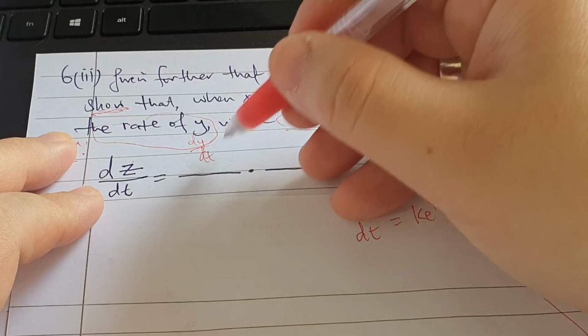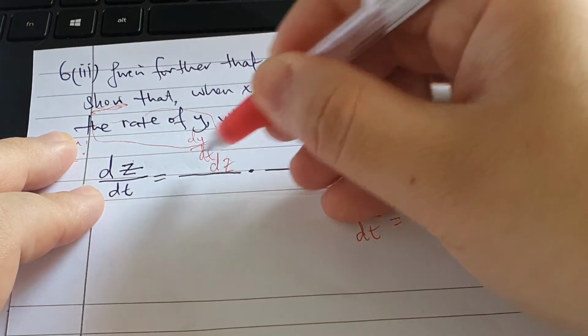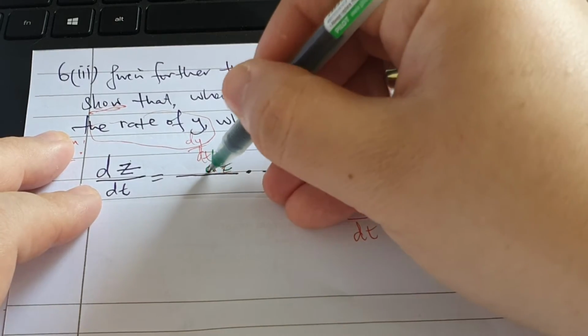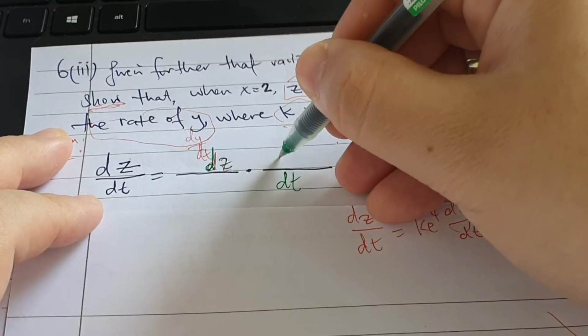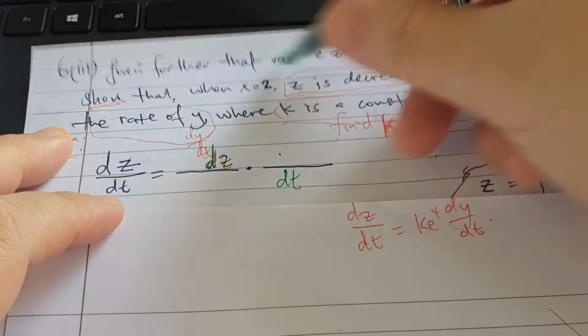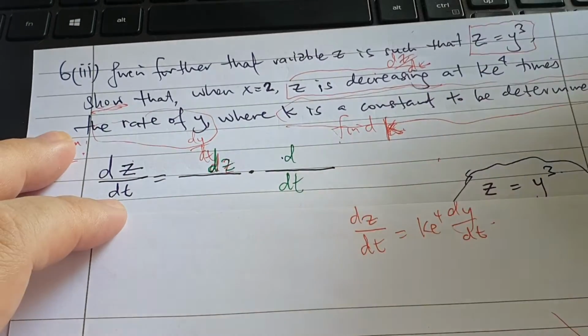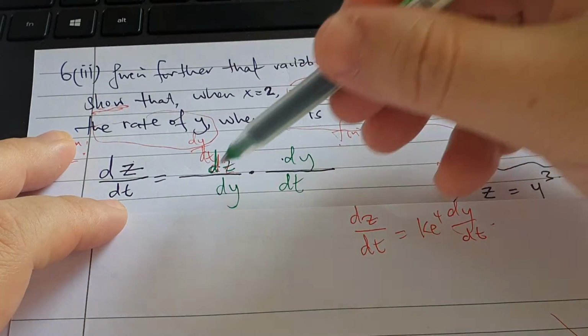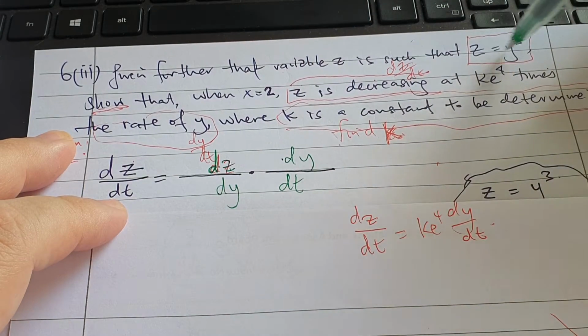So never mind, I split up first. dz, ninja split, dz over dt. So what do I put here? Based on whatever I have here, it has to be dy. You see, dz/dy there.